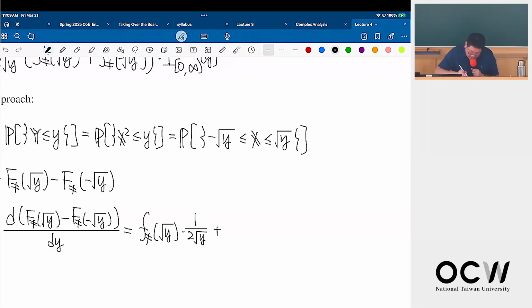And the other term, the PDF at minus square root of y times 1 over 2 times square root of y.